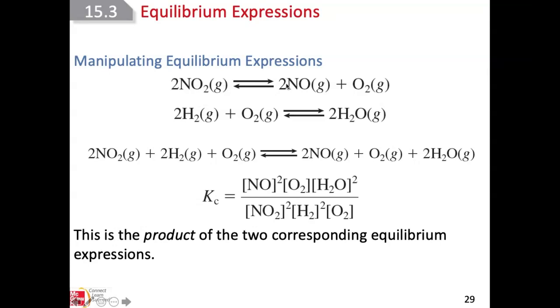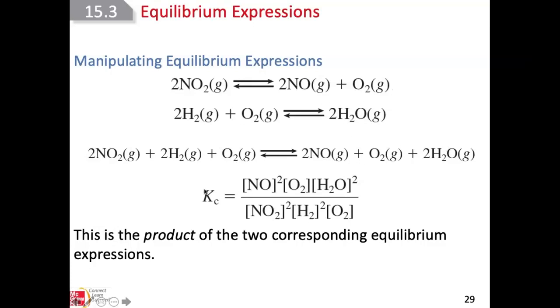What if I have two reactions? This is one reaction, and that's a second reaction. What if I want to add those two reactions together, reactants together on the left side, products together on the right side?